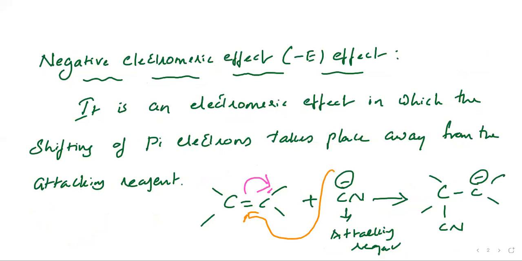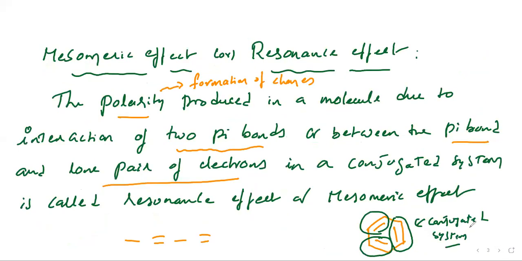Next one we have: what is the mesomeric effect or resonance effect? The polarity, that is the formation of charges, produced in a molecule due to interaction of two pi bonds, or between a pi bond and a lone pair of electrons in a conjugate system, is called the resonance effect or mesomeric effect.